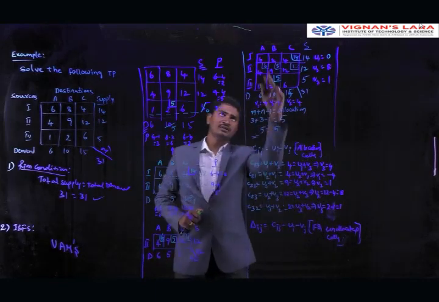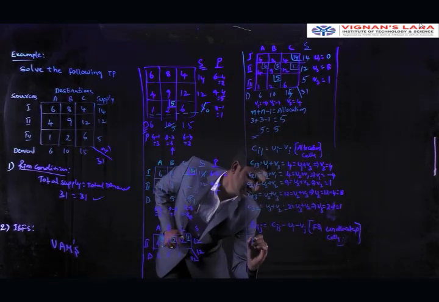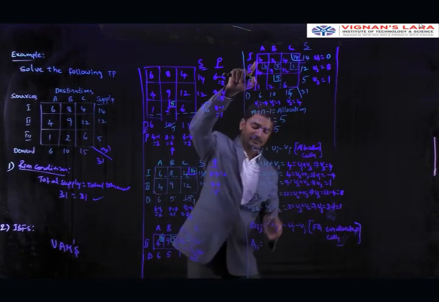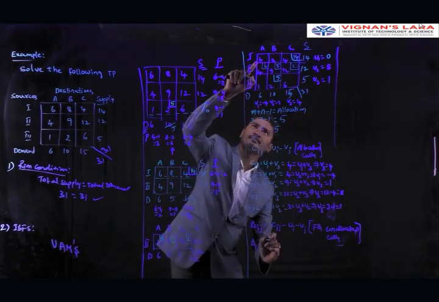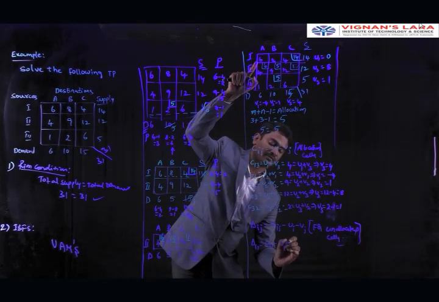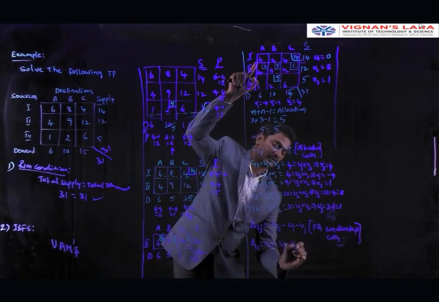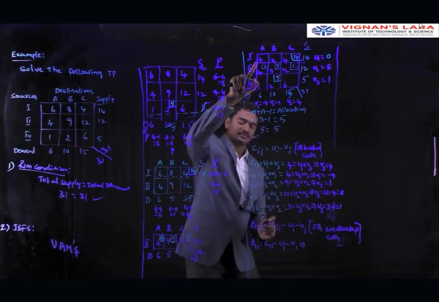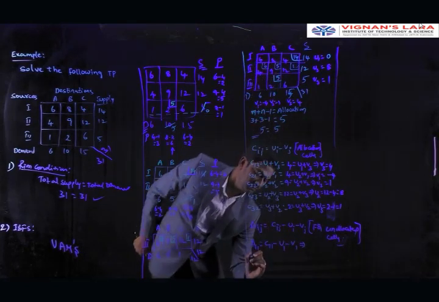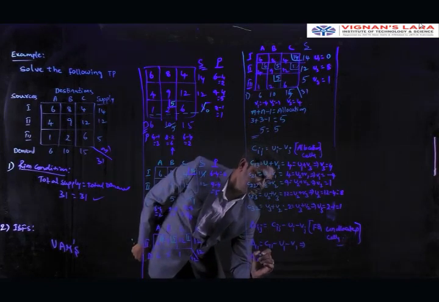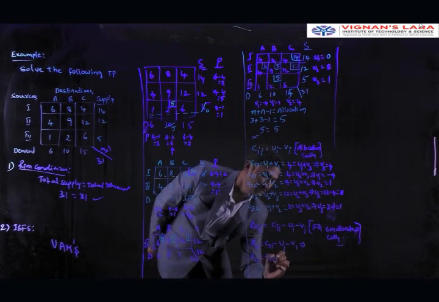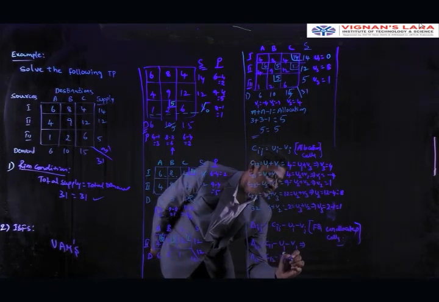Next, coming to the first one, where we have the unallocated cell at 1 1 place. Delta 11 is equal to C11 minus U1 minus V1. Next, here unallocated is there. Delta 12 is equal to C12 minus U1 minus V2.